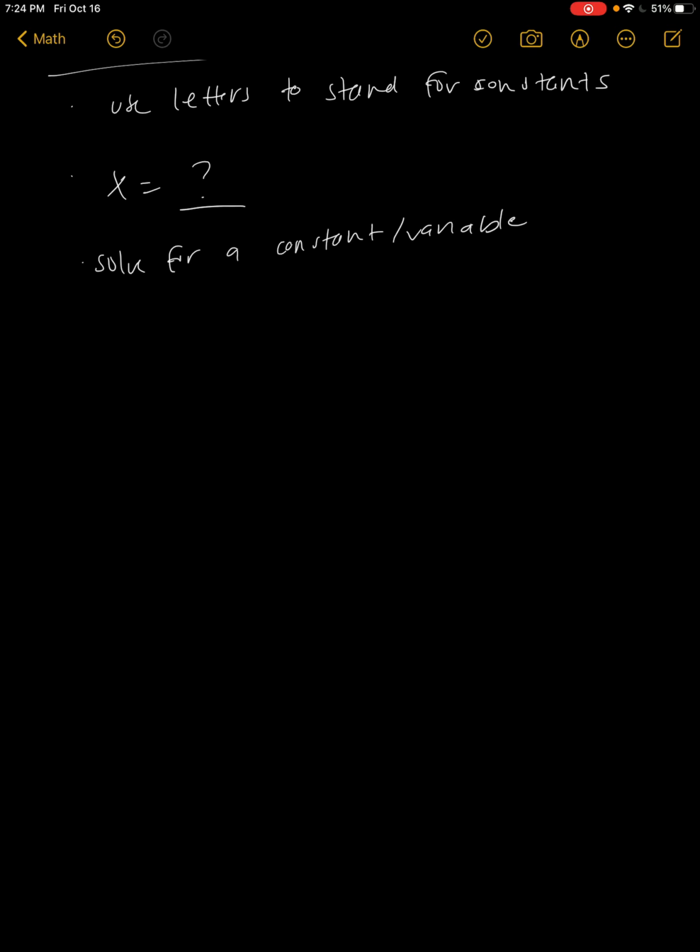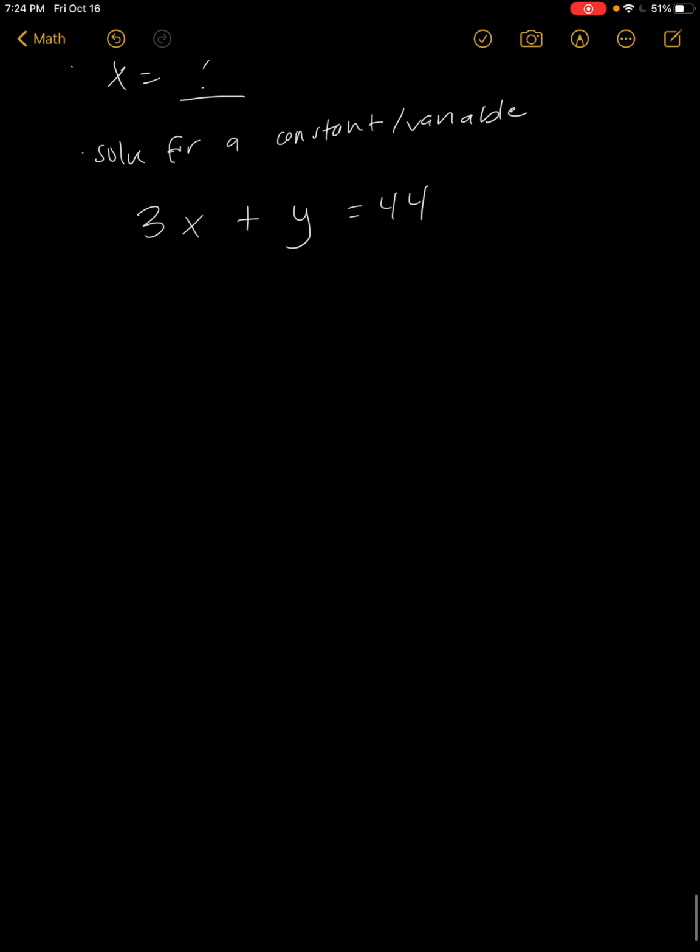Okay, so let's say I have 3x plus y. This is really important because you are going to use this a lot for graphing. In graphing, we're going to work with equations with an x and a y. We'll get to that in 3 weeks.